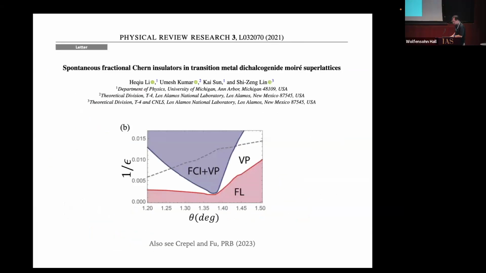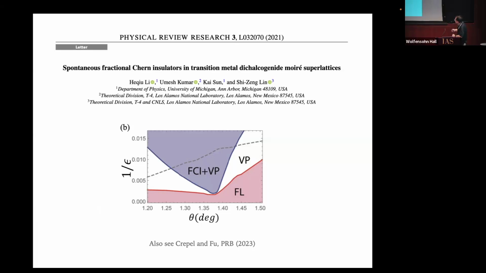And now, of course, we have a flat band. We have it also topologically non-trivial. Then the question is whether a fractional quantum Hall effect is a possibility. So about 3 years ago, Kai Sun and Zhenling Shi did just a very simple ED calculation, and they found the following phase diagram. Right?